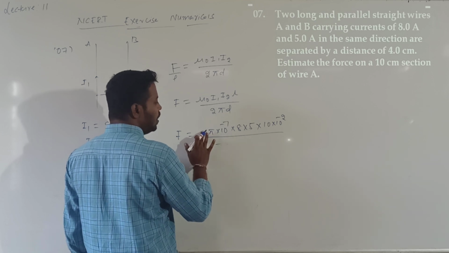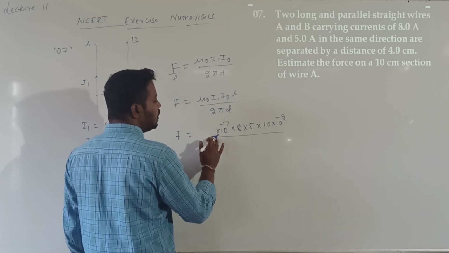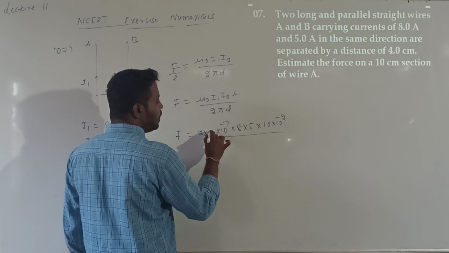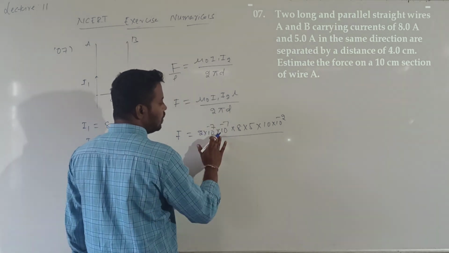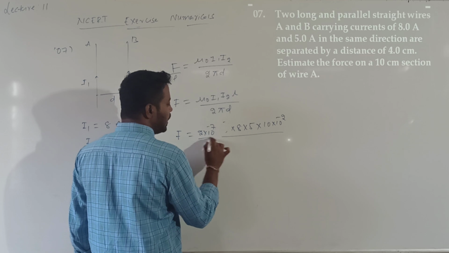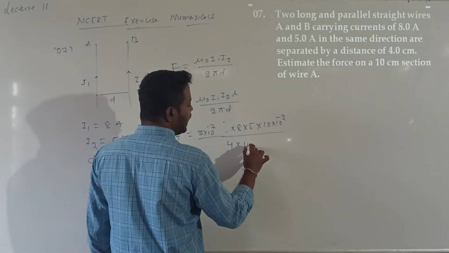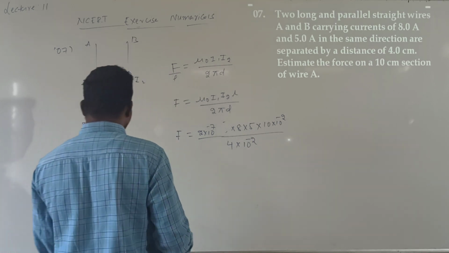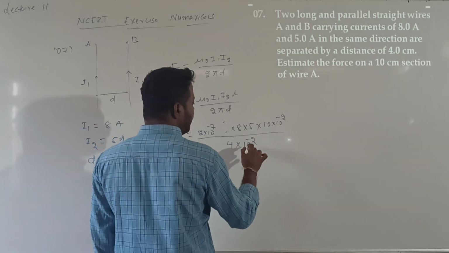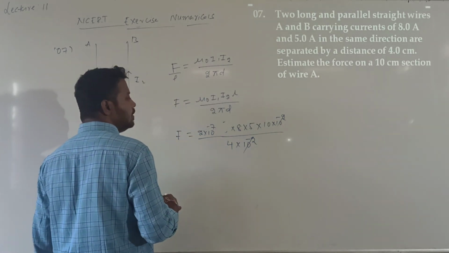Can I write it better? Mu naught by 2 pi value is 2 into 10 power minus 7, divided by d value, so 4 into 10 power minus 2. Correct? So 10 power minus 2, 10 power minus 2 cancel.